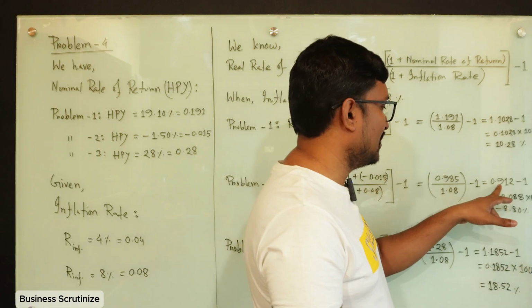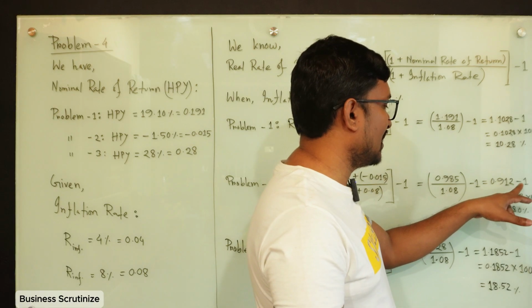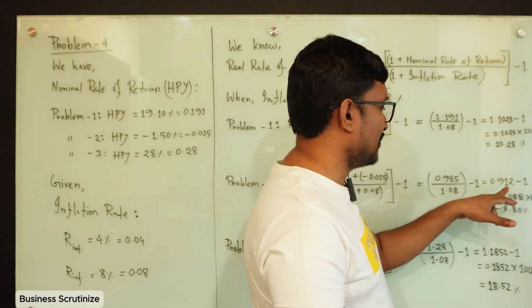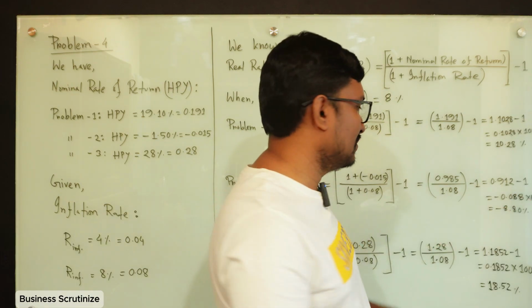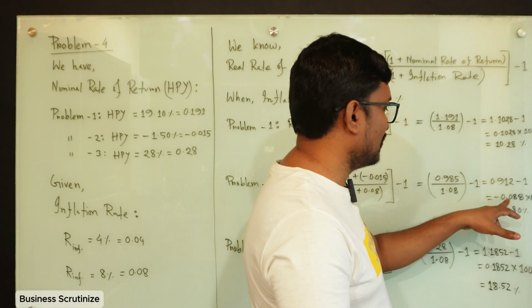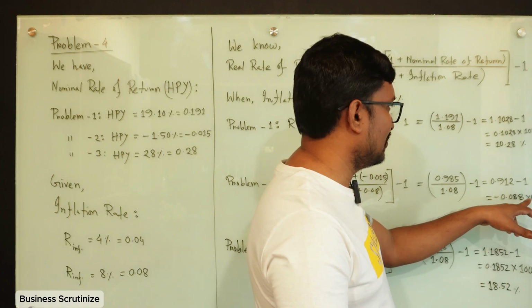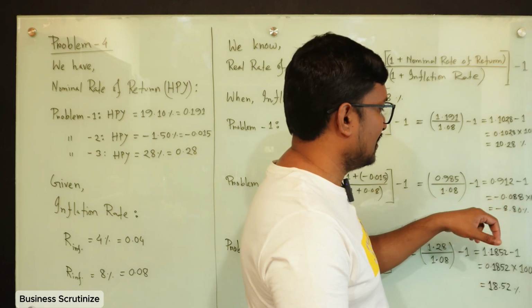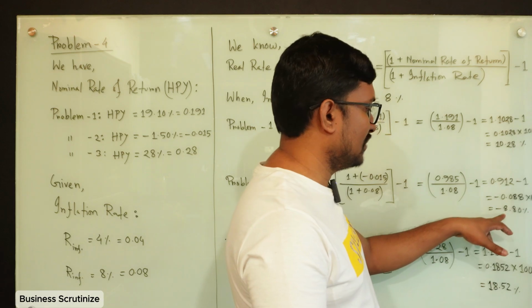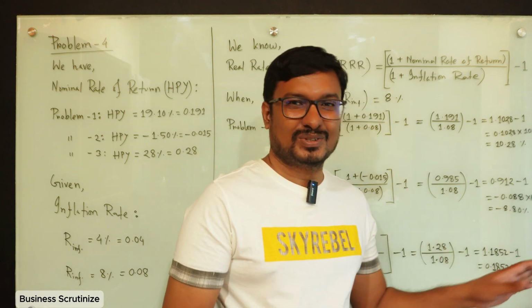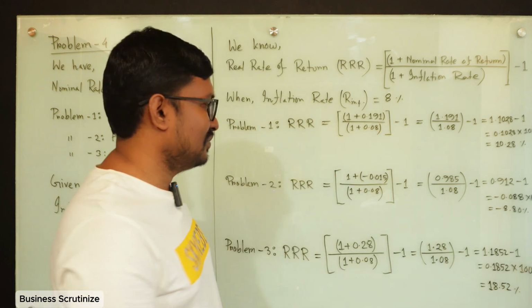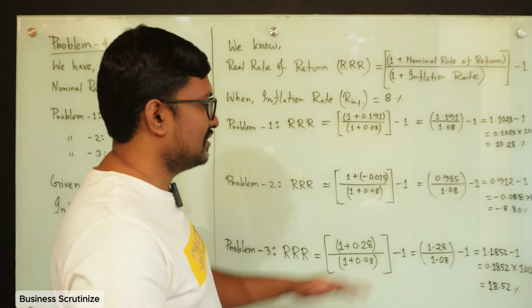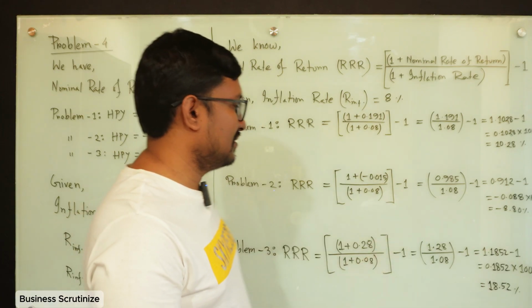We will have 0.912 minus 1. So after subtraction we will have minus 0.088, times 100, and here we see minus 8.8%. So minus 8.8% should be the real rate of return, considering 8% inflation.